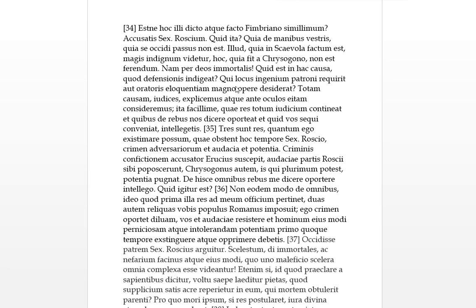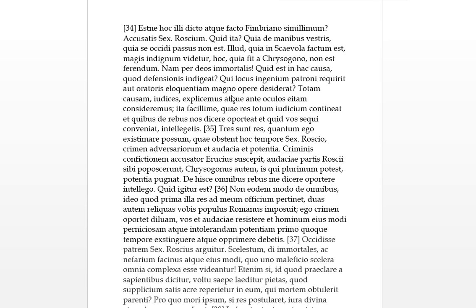Okay. Qui, which locus or place, requirit, requires the ingenium patroni. So what place is that requires the ingenium, which is the characteristic or talent of a patron, of the lawyer, or the eloquentia, the eloquence of an orator, that's a genitive. Desiderat. Okay, this is a verb again ending the sentence.